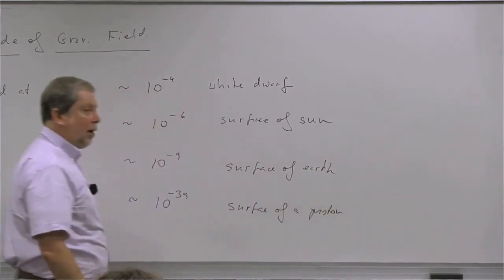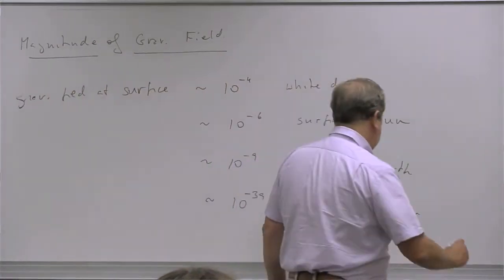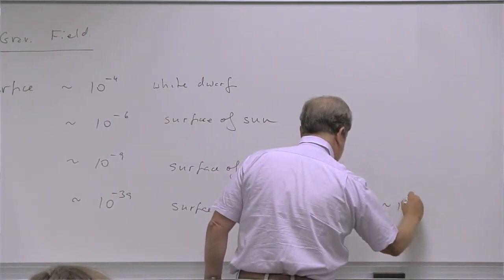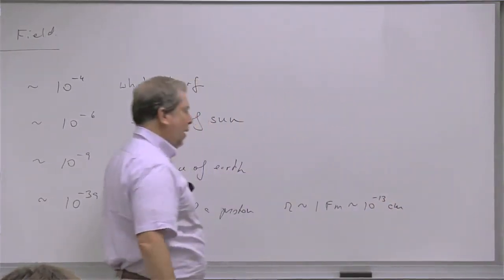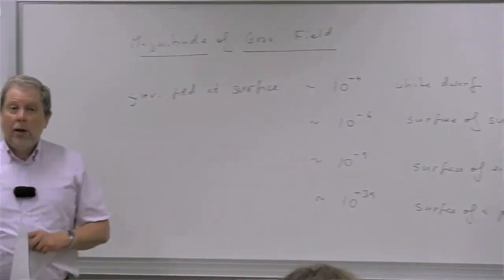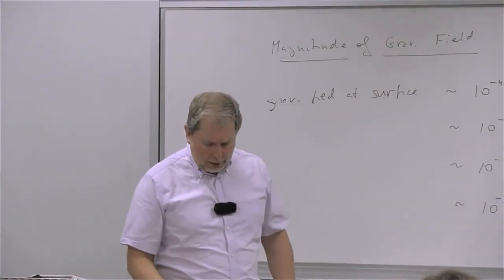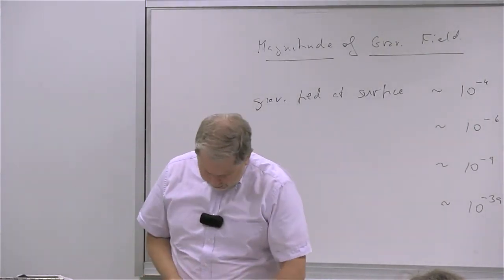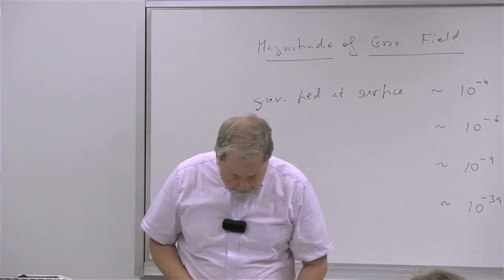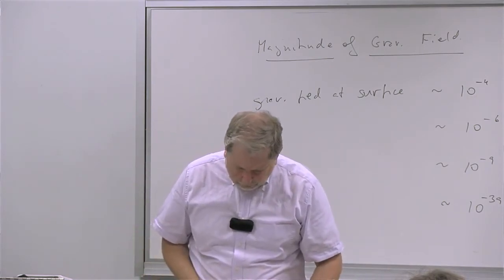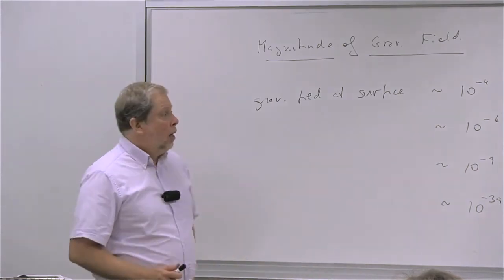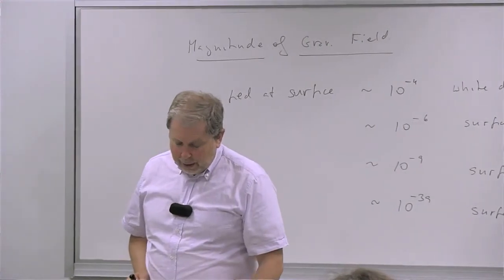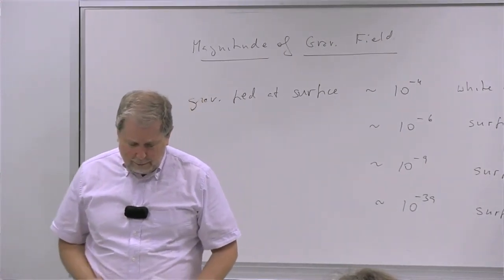If you take this distance r to be a Fermi, which is 10 to the minus 13 centimeters, with the relevant mass being the mass of the proton, about 1 GeV over c squared, then this field is really very, very tiny. So clearly these effects that arise because of general relativity are not going to be that large unless you have huge masses involved.